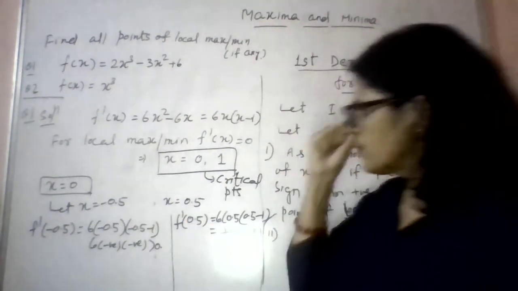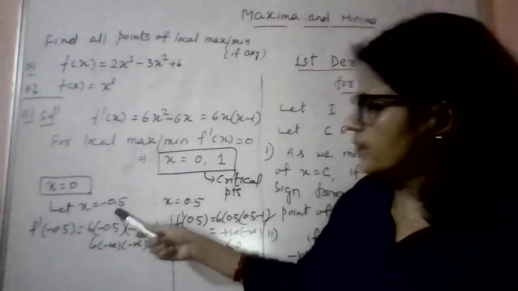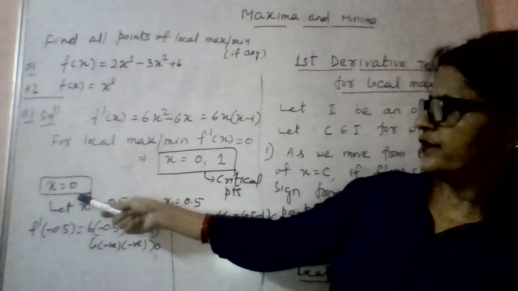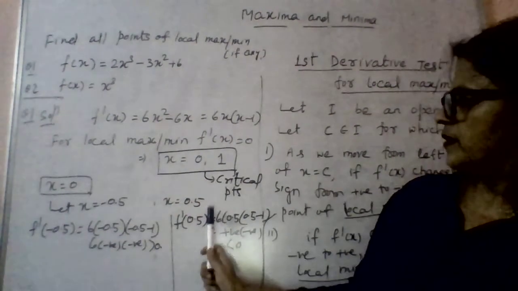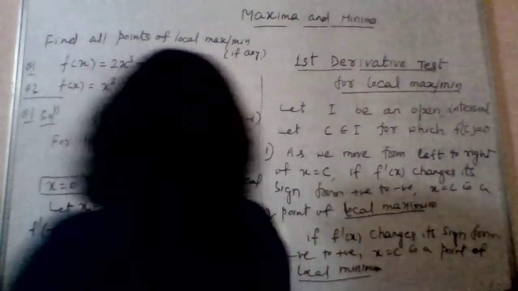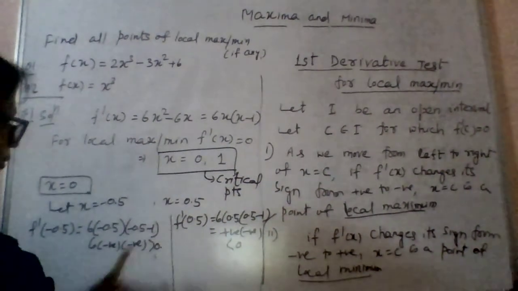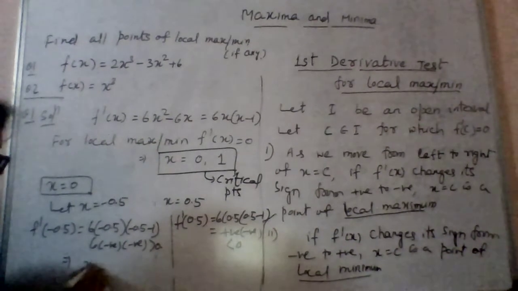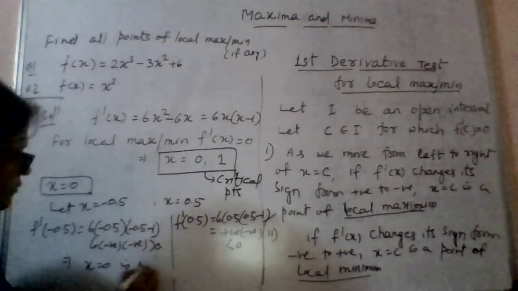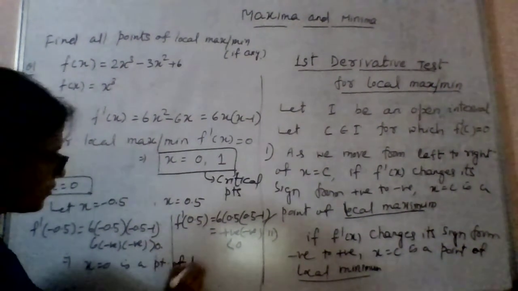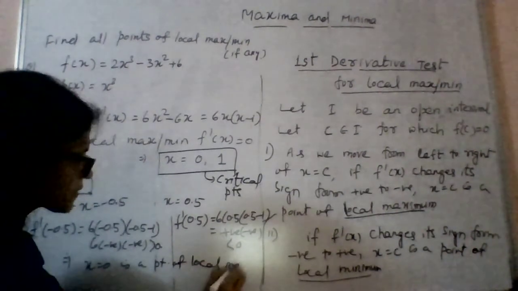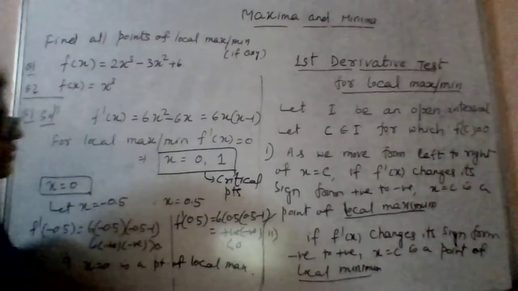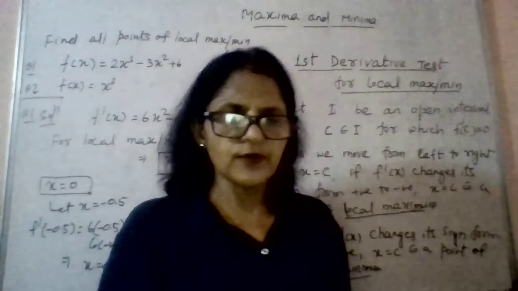Moving from left to right means first you take smaller values than the critical point, then you come to greater values. So sign of the derivative changes from positive to negative. So this implies x equal to 0 is a point of local maximum. And we will examine x equal to 1 also.